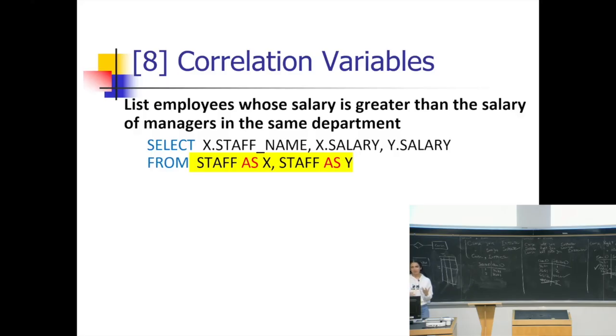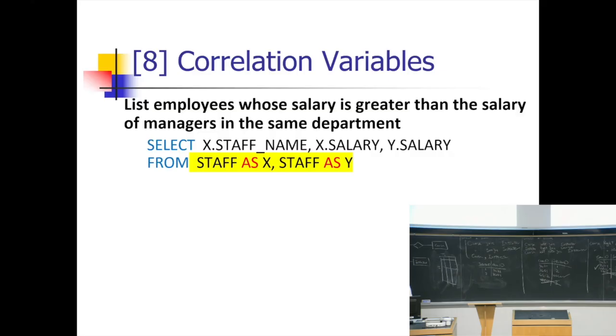This makes sense, for example, in scenarios like this, when we have a table with staff and our staff have, for example, 2 roles. Could be normal employees and some of them could be managers, and then you want to compare their salaries together. So you want to select the staff name and salary from staff and join it to the staff. Now, how can you do that? You have to give it different names to be able to join them, right? Join a table with itself.